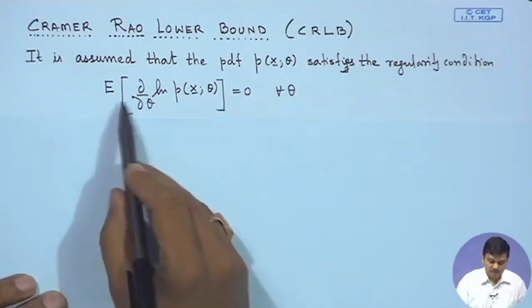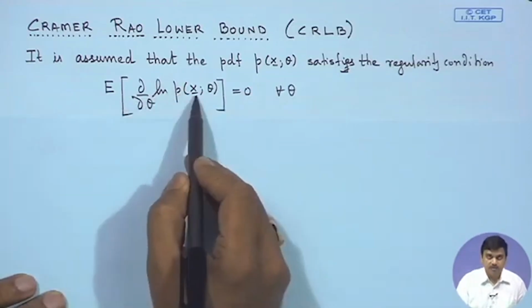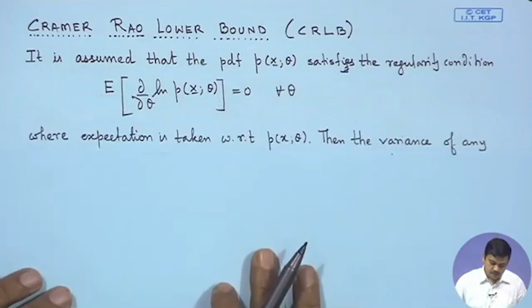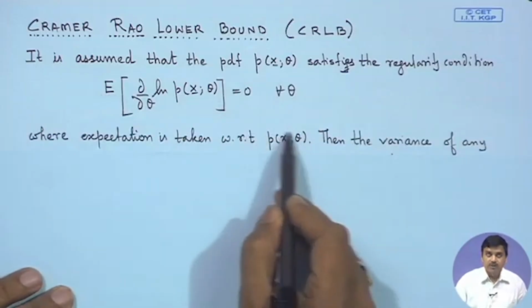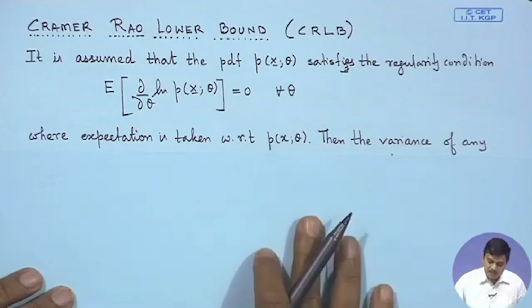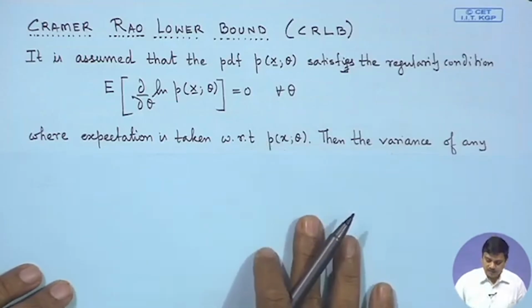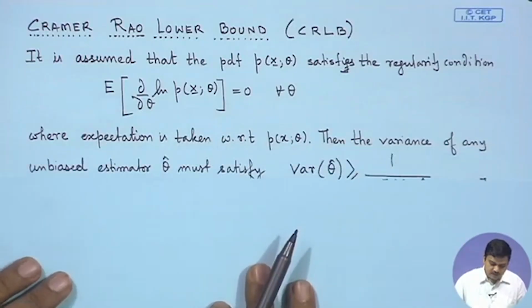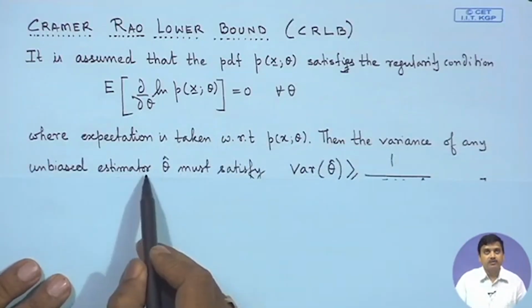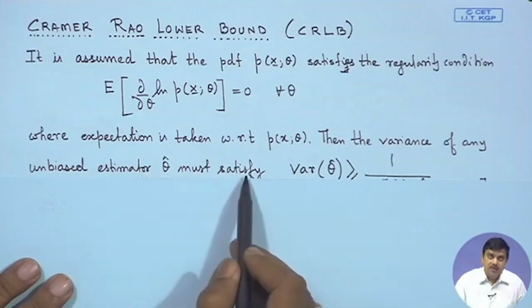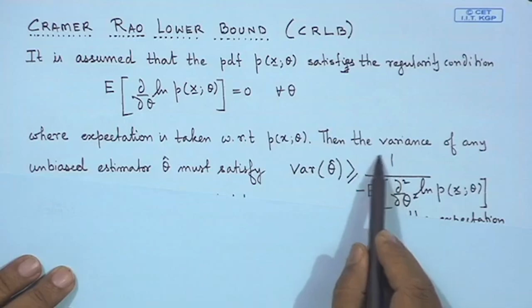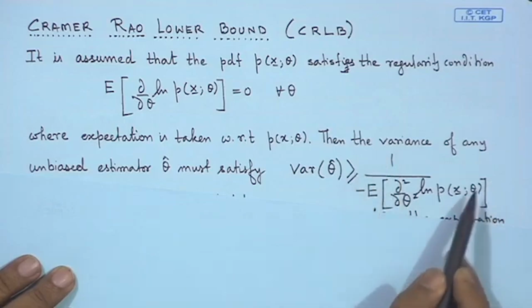That means the expectation of the first derivative of the log likelihood function goes to 0, where the expectation is taken with respect to this PDF. Then, if this condition is satisfied, the variance of any unbiased estimator, which we have described before, must be bounded by this, which is the curvature.